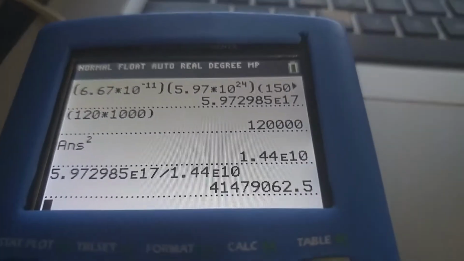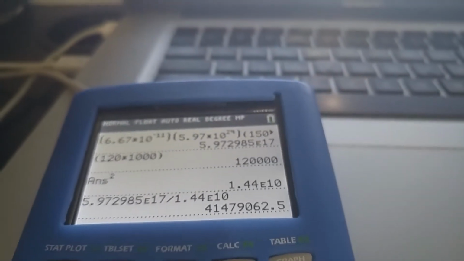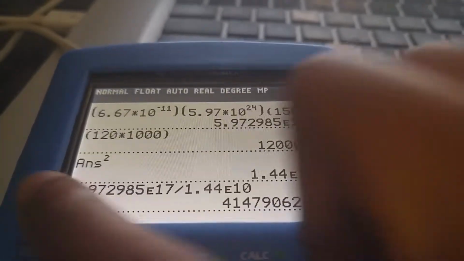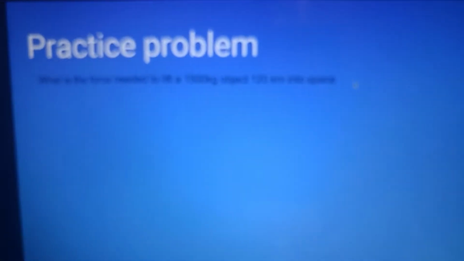Boom. That's the force. But you also have to take into account the radius of the Earth, so we'll not go over that. You have to add that in when you're getting the radius. But this is basically a wrap-up course, trying to get used to this, so we're on a time crunch.